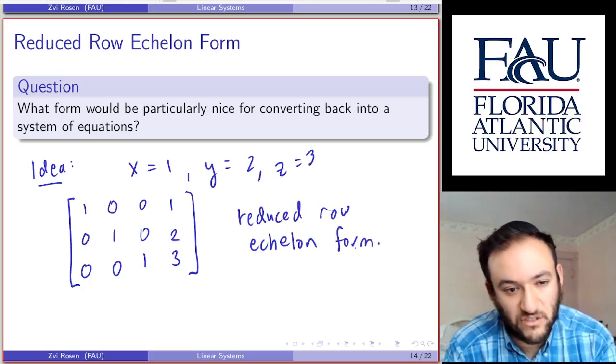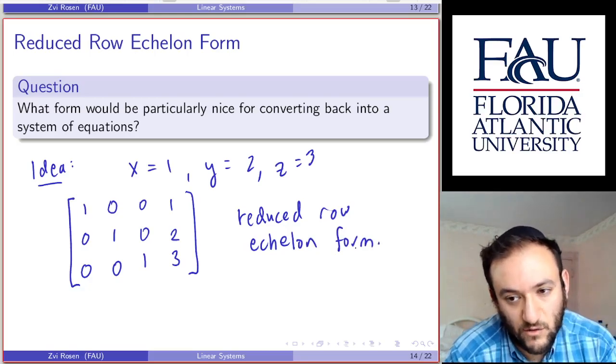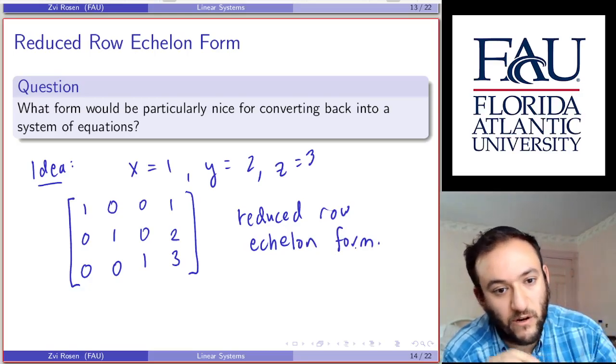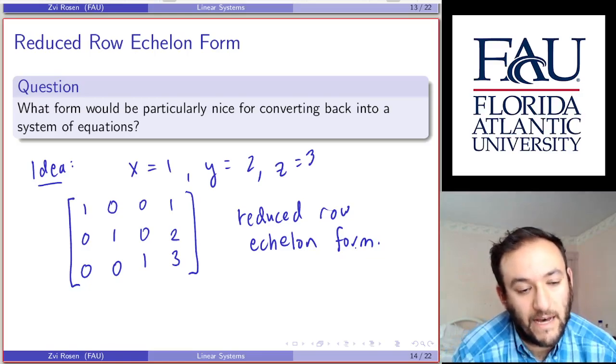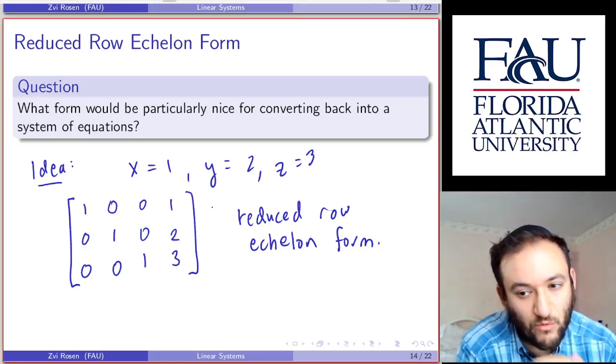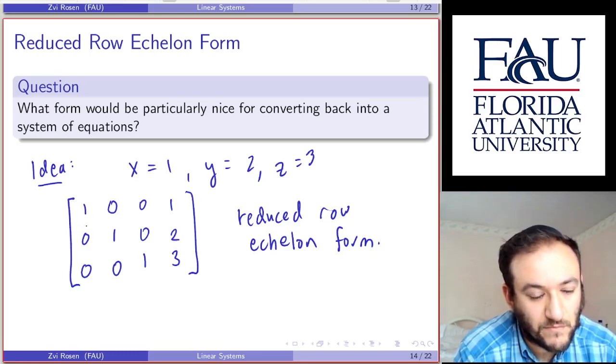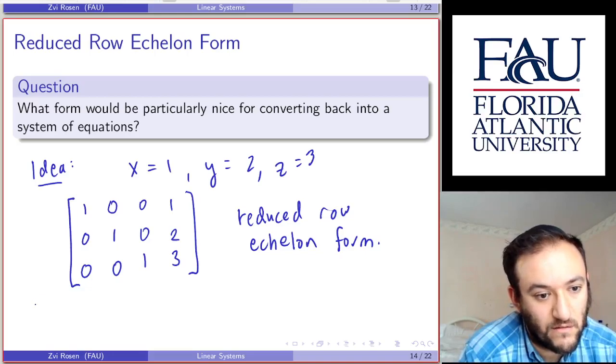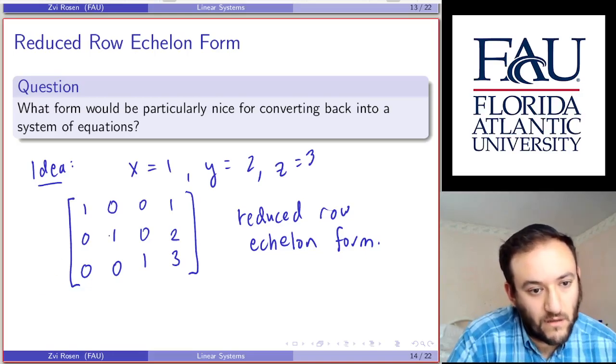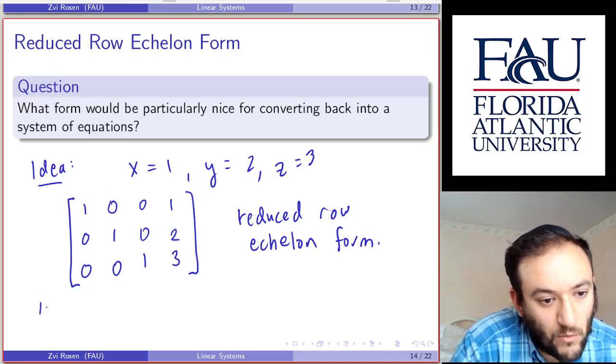But it's a very special example because you only have columns where there's 1s and 0s. And that's not possible in general. We'll see why in a moment. But the idea here is that you have leading 1s.